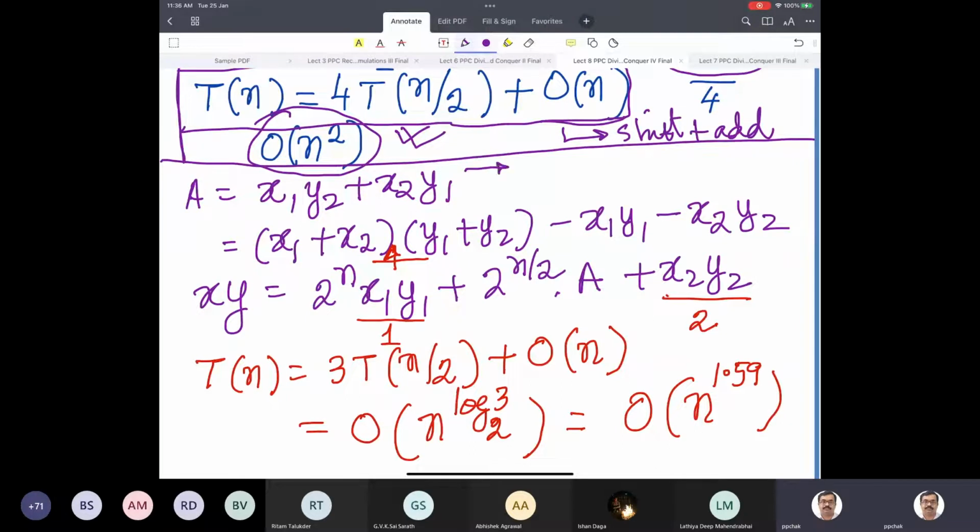This requires how many multiplications? 2 multiplications of size n by 2.